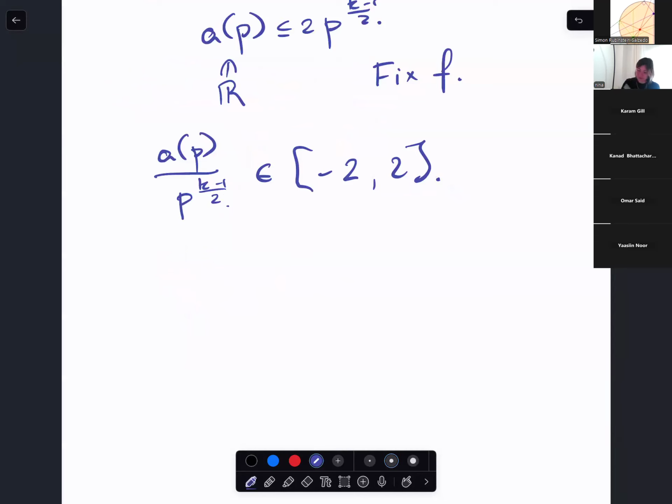So for f fixed and any prime p, we get some number. And then the natural question is, what starts happening when we start to vary this p? Is there anything we can say beyond the fact that it's always between -2 and 2?